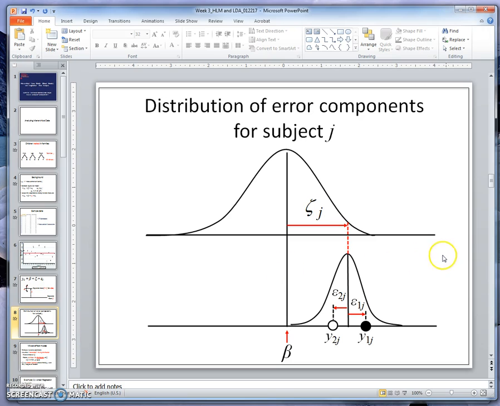So talking about it a bit more, if you talk about just a standard regression model, all we're concerned about is this first distribution. In the regression model, it's estimating this beta parameter, and all it's trying to do is identify this distribution for your group of subjects that vary by this much.